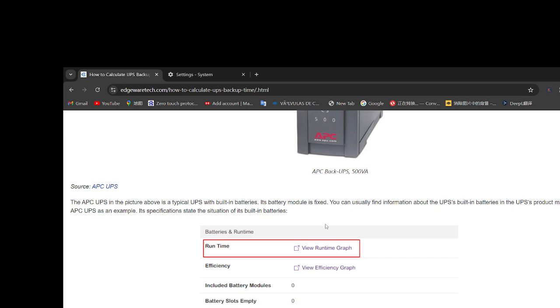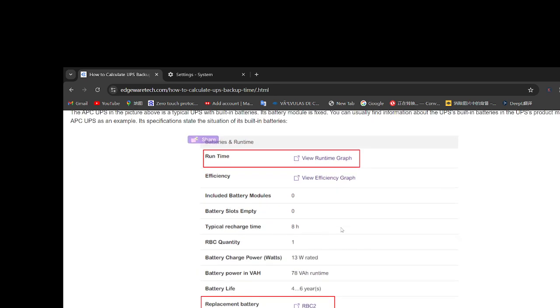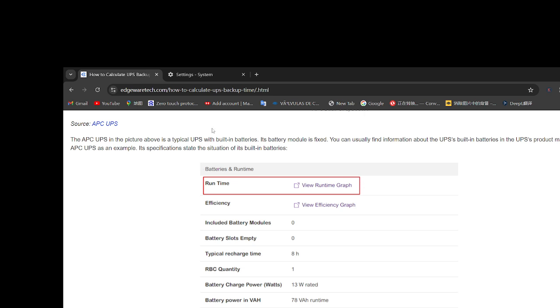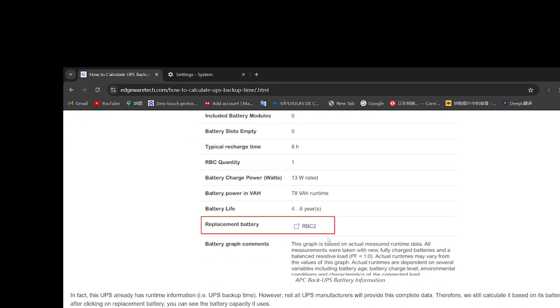For this UPS, we can find the replacement battery information on their webpage. This UPS already provides the runtime for reference, but not every provider will have this. So that's the background of why we need to learn how to calculate by ourselves.